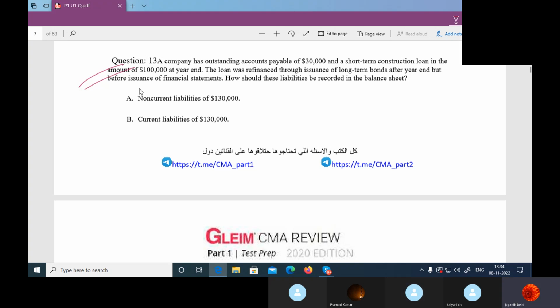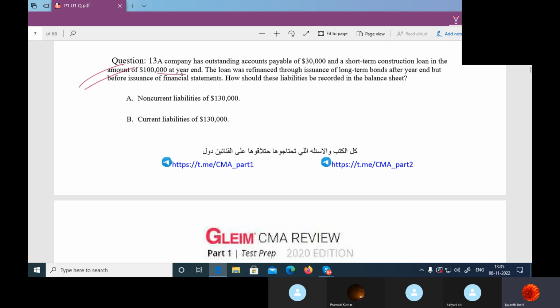So what does this question tell? The company has outstanding accounts payable of $30,000 and a short-term construction loan of this amount at the year end. Accounts payable is a current liability, and the short-term construction loan is also for a short span of time.